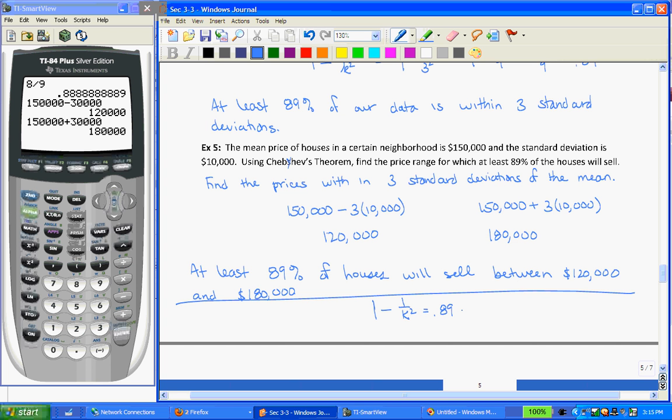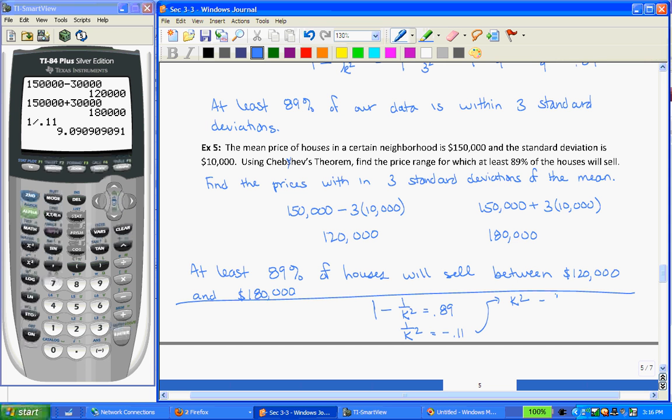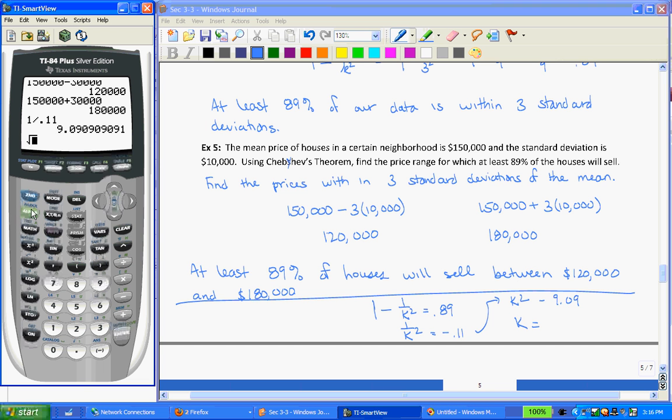So if I were to subtract 1 from both sides, I'd have 1 over K squared equals negative 0.11, and then take the reciprocal of both sides, and this is where I'd want to carry as many decimal places as possible in my calculator, and then take the square root, and there we get something pretty close to the 3 that we knew was coming anyway.